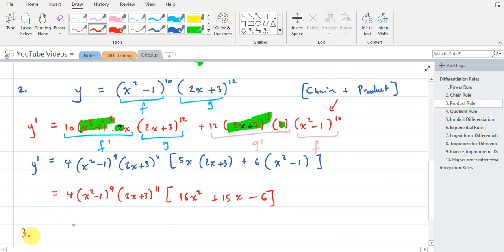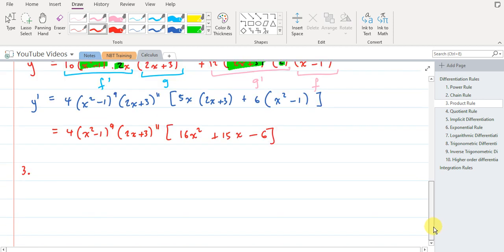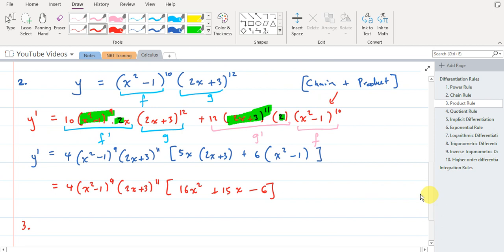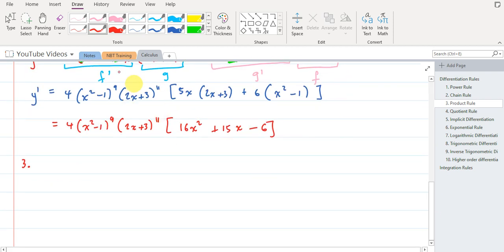Example number 3. Let us move on. So guys, you can leave your answer in this form if they say do not simplify, in the second form. Otherwise, if you can find critical values and stuff, you should be looking out for this, factorizing fully. That's your derivative.